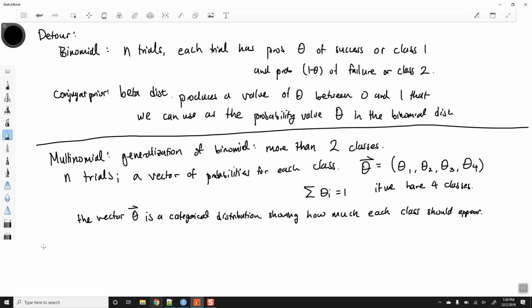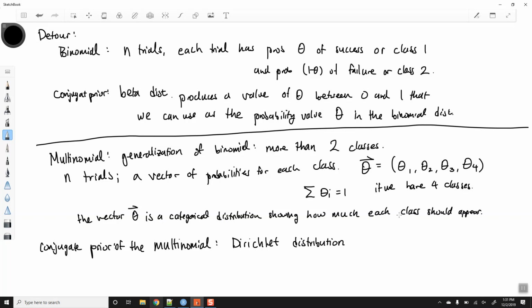And the conjugate prior of the multinomial is the Dirichlet distribution.